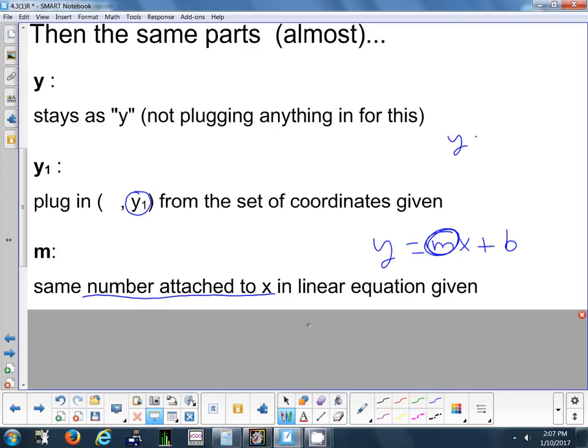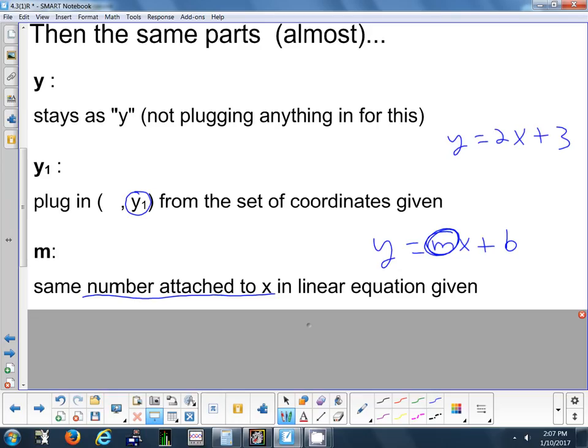So if I gave you this as a line, what's the slope of this line? Y equals 2x plus 3. The slope is 2. If I said to you, I want to know a line parallel to that, the line parallel to this would also have a slope of 2. It has to have the same slope to be parallel.